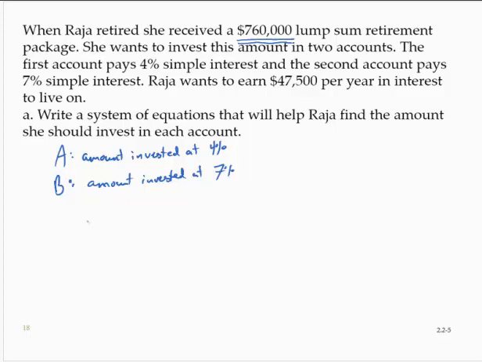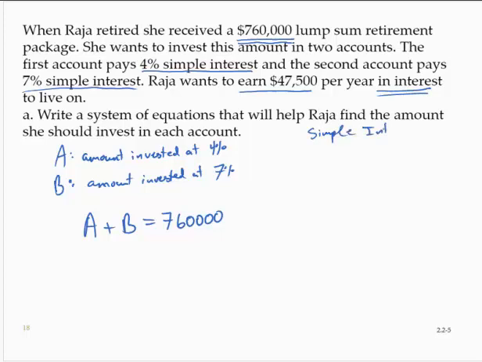So therefore, we know that A plus B is equal to 760,000. We also know that she wants to earn $47,500 per year in interest. Now, we are told that she earns simple interest, and hopefully you might recall that simple interest has the following formula: simple interest is given by principal times rate times time.